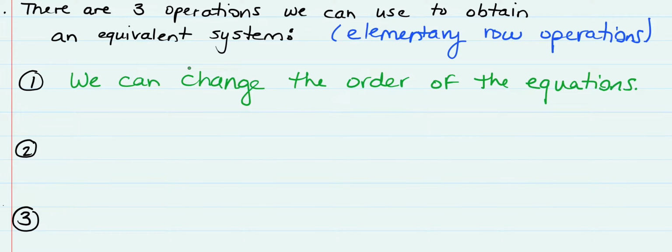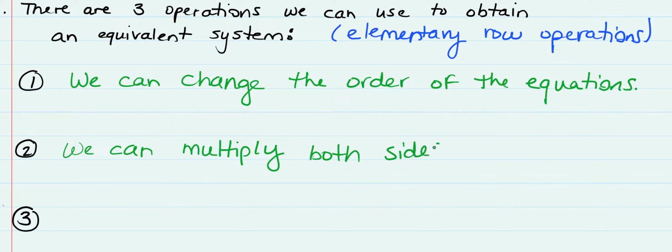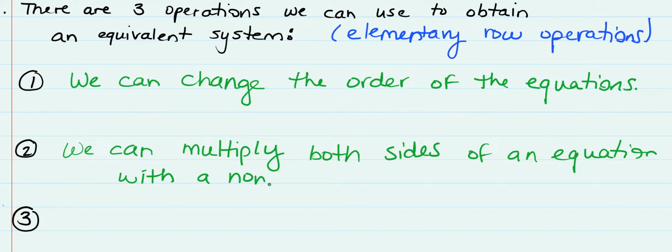Something else we can do is we can multiply both sides of an equation with a non-zero number.